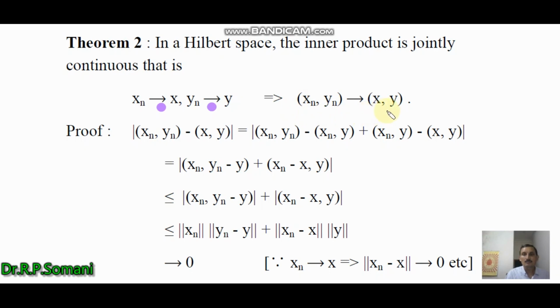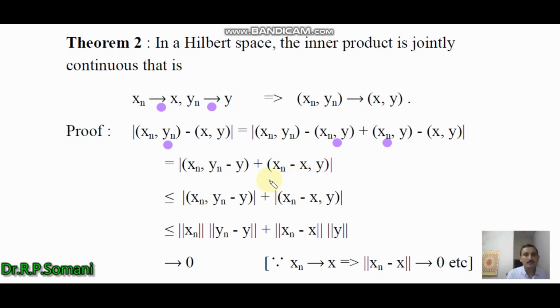The proof is that modulus of the inner product of x_n, y_n minus the inner product of x, y equals modulus of the inner product of x_n, y_n minus x_n, y plus x_n, y minus x, y. Here we add and subtract x_n and y for the calculation. Then applying linearity, we obtain the inner product of x_n, y_n minus y plus the inner product of x_n minus x, y.